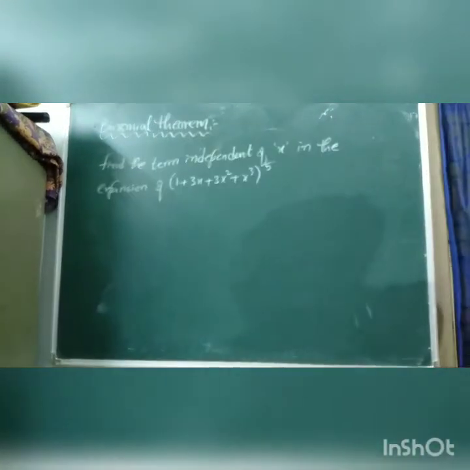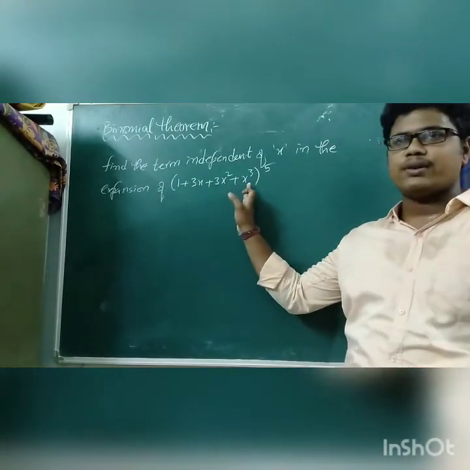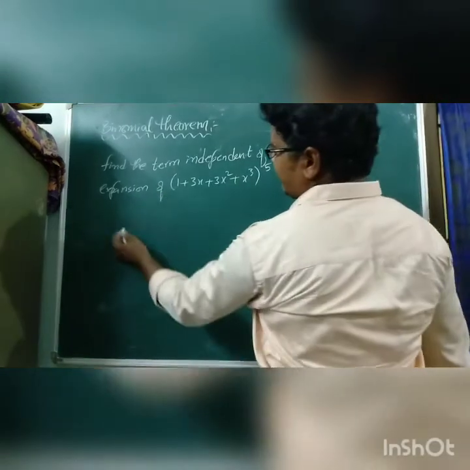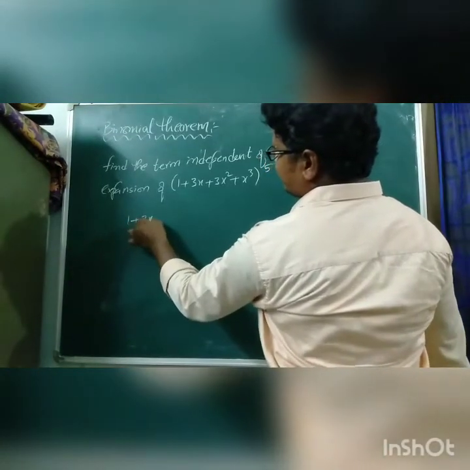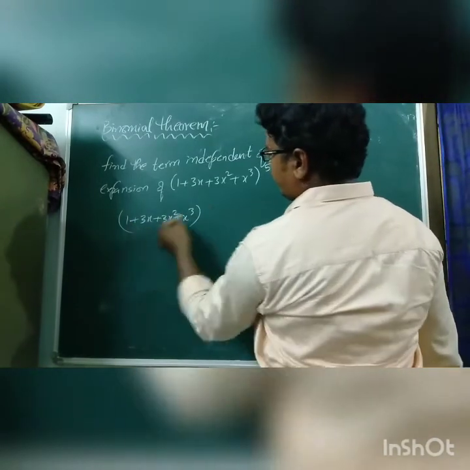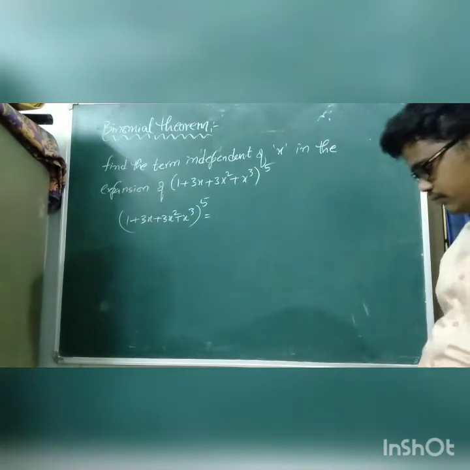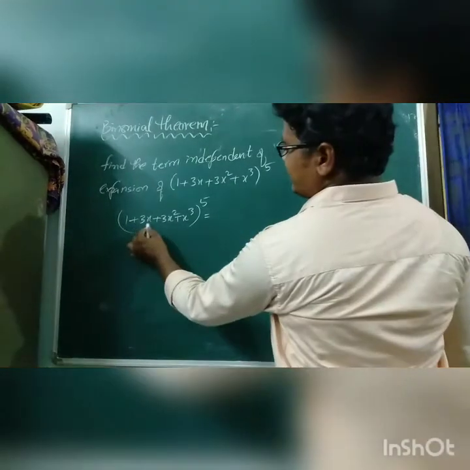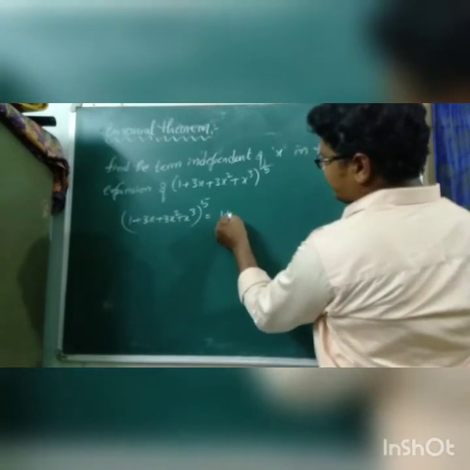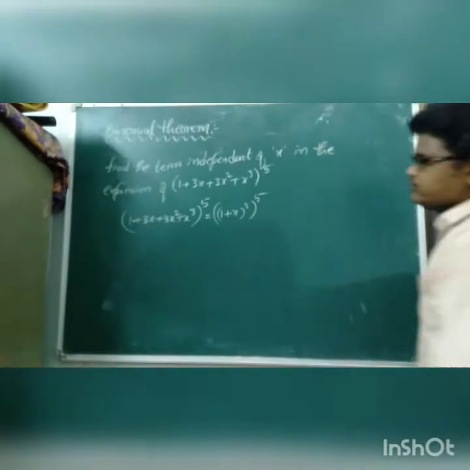Okay, we have to find the term which is independent of x in (1 plus 3x plus 3x square plus x cube) whole power 5. Means, first of all, consider the given binomial expression (1 plus 3x plus 3x square plus x cube) whole power 5. You know one thing, that 1 plus 3x plus 3x square plus x cube can be written as (1 plus x) whole cube, whole power 5.